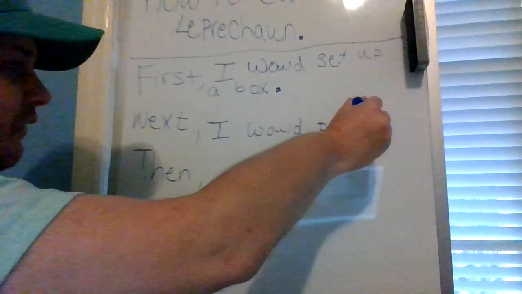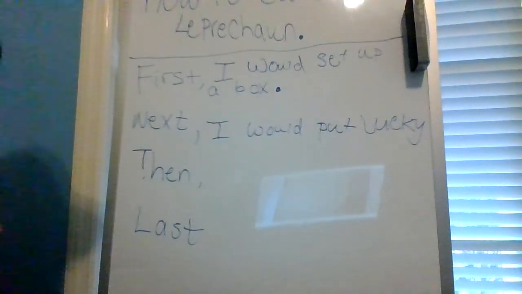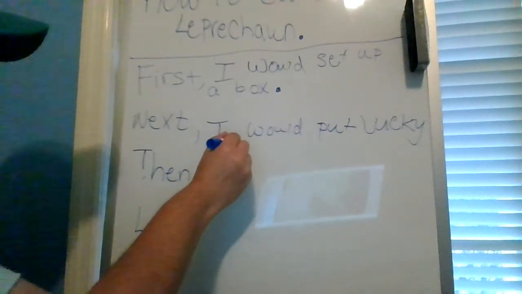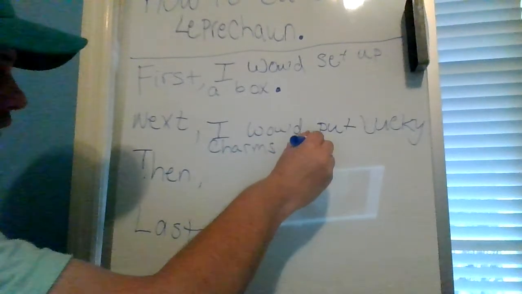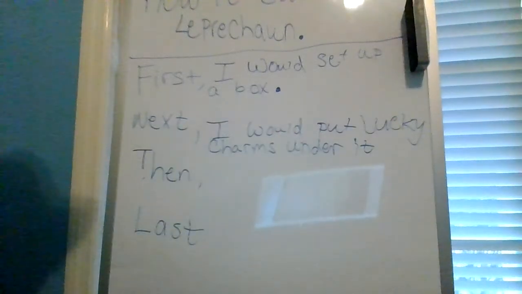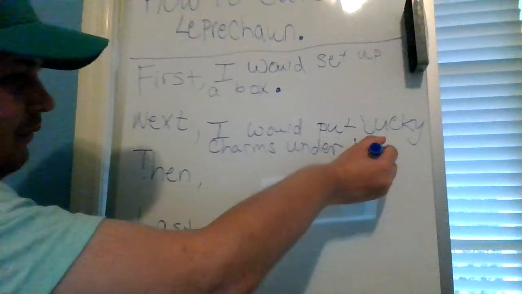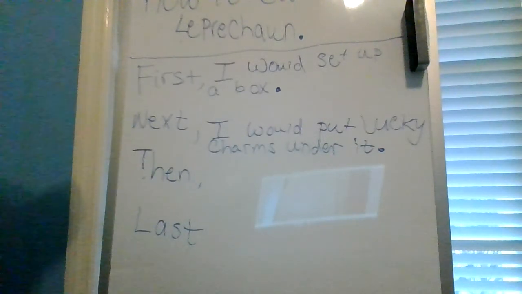I would put lucky charms under it. At the end of this sentence, I also need a period. So so far I have, first I would set up a box. Next, I would put Lucky Charms under it.